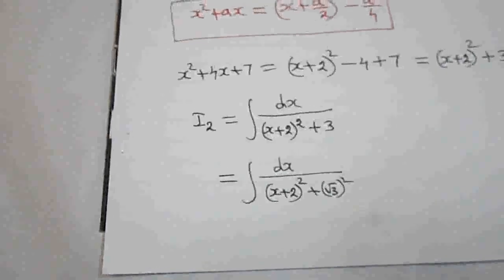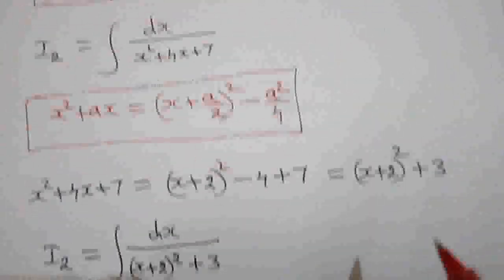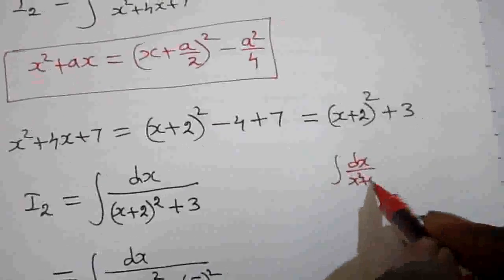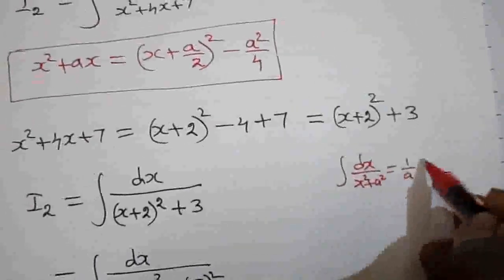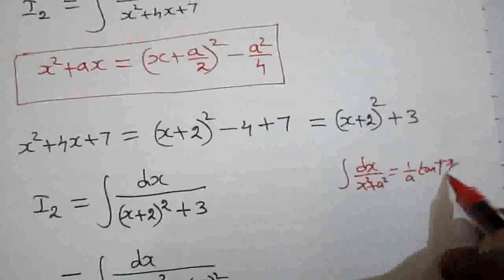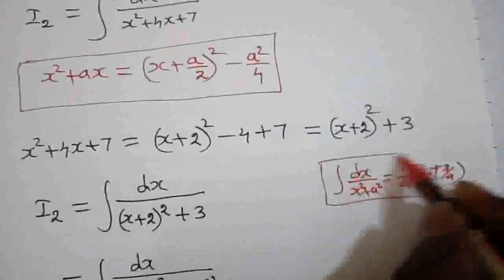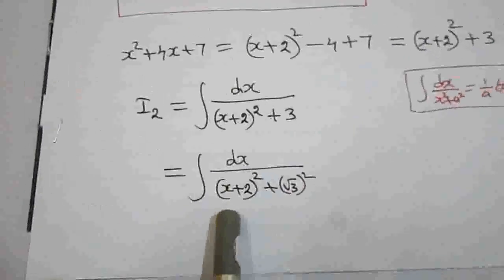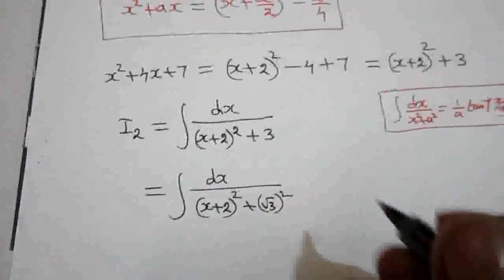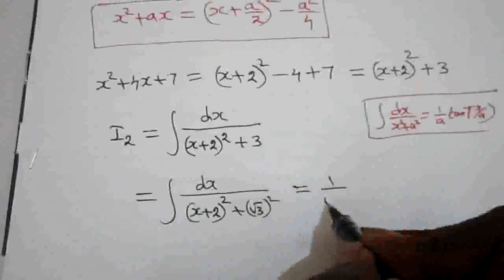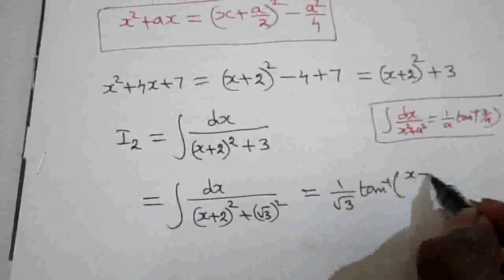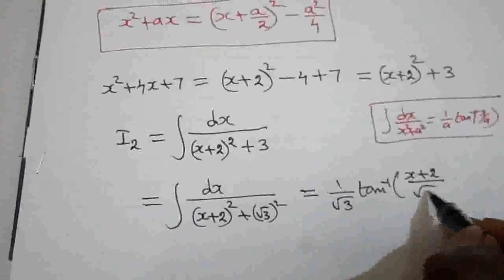What is the integral formula? The integral dx by x square plus a square is 1 by a tan inverse of x by a. So by using this formula, I am going to evaluate this integral.